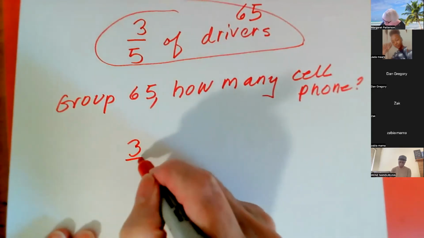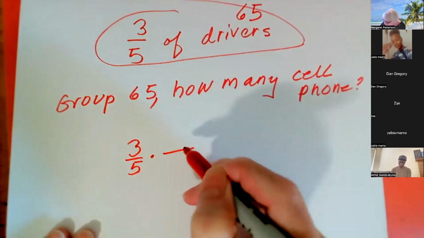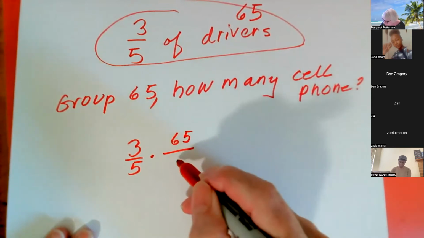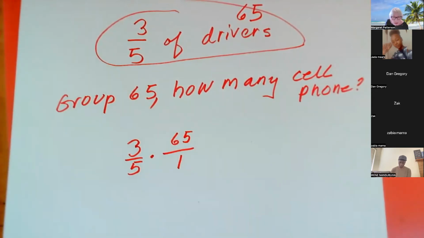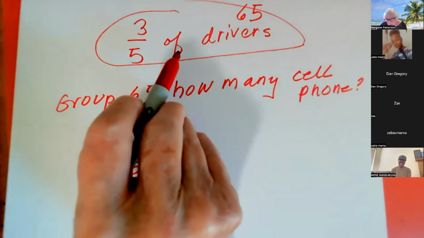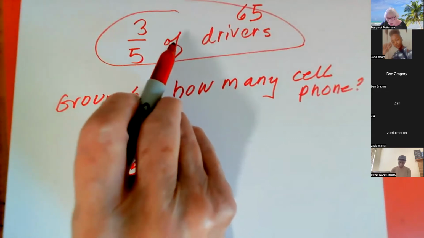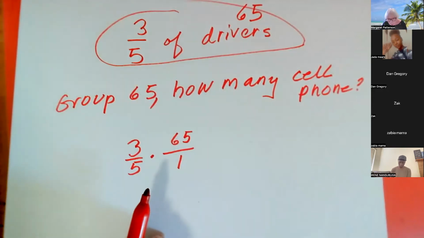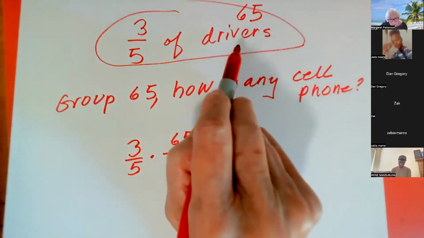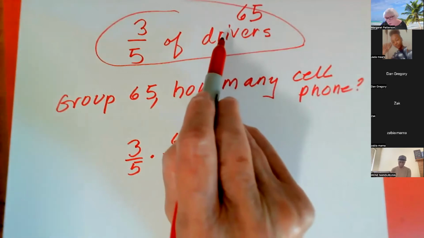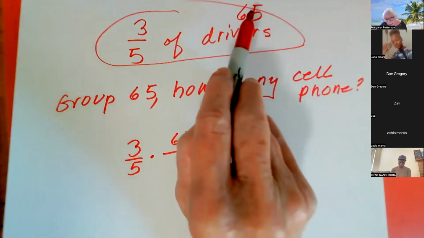So this is 3/5 multiplied by 65 over 1. It is a multiplication. This is what told us that. And so that word "of" actually counted as multiply, because they gave you the number of drivers, even though it was in a word problem up here.